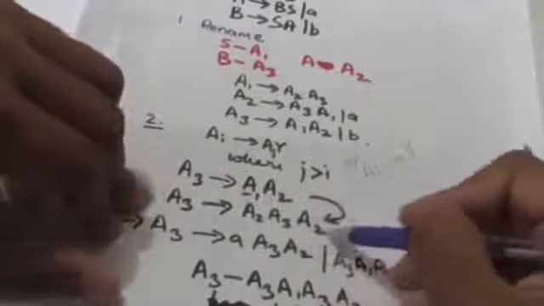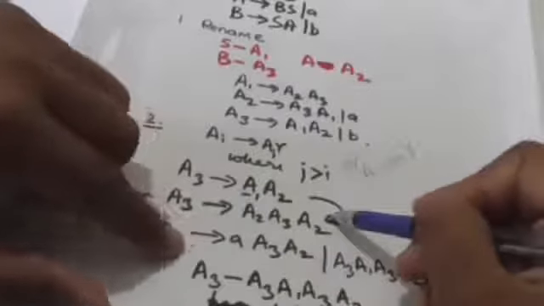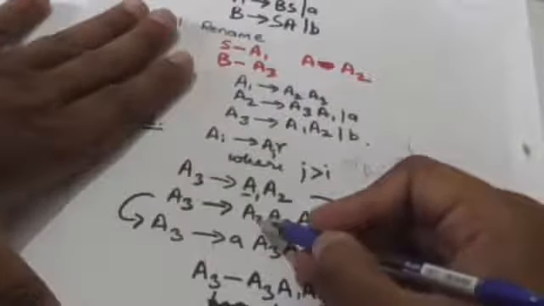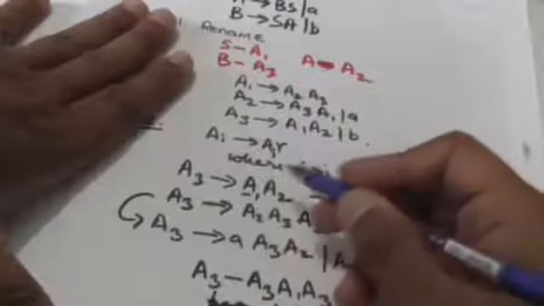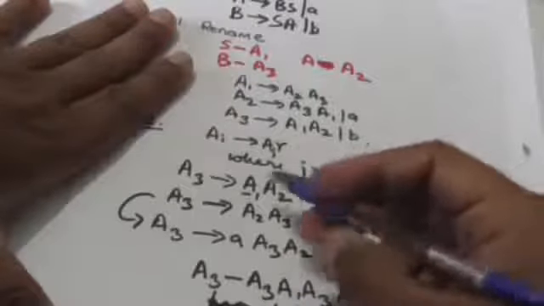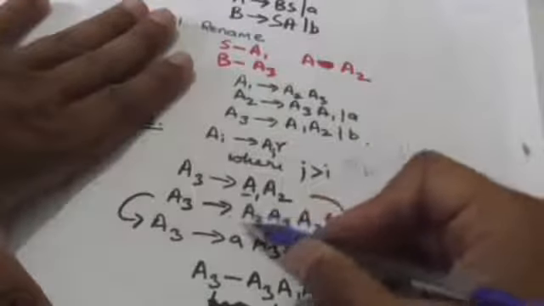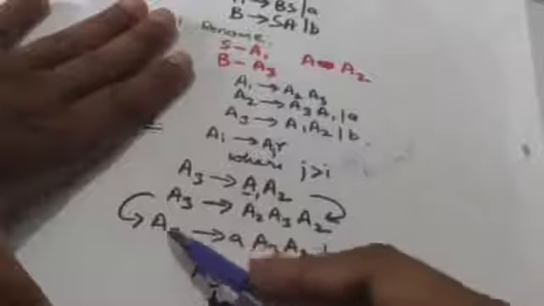So again, this production will be replaced in grammar G by the productions which are obtained by replacing this variable A2 by the string which appears on the right hand side of the production of the variable A2. So by applying substitution rule, we will get these productions.